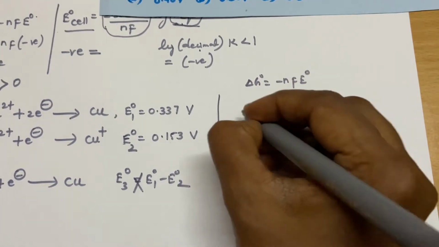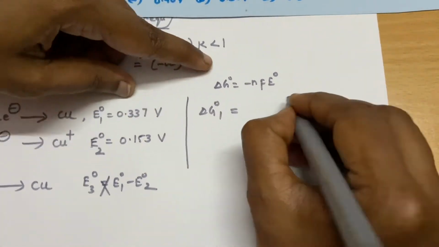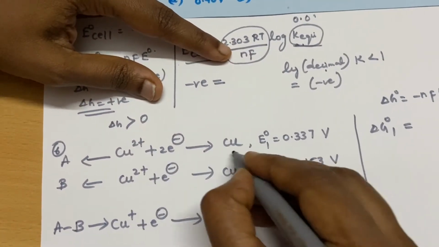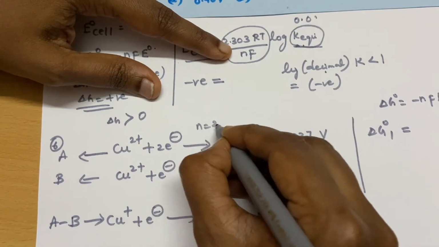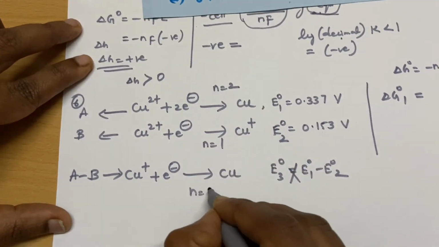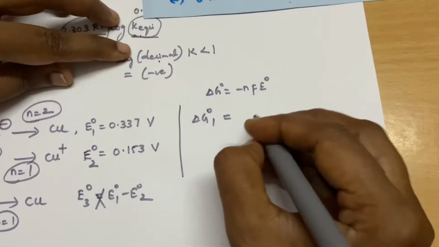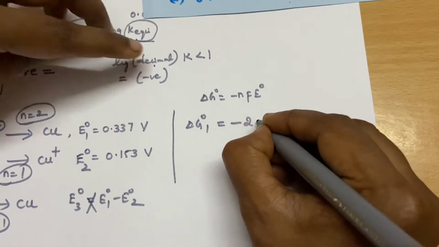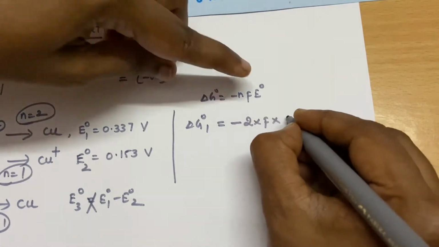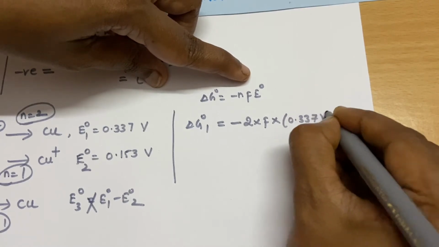So for this equation, del G naught 1 equals minus, how many electrons are involved in this reaction? N is equal to 2 here, 2 electrons are involved, and N is equal to 1 here, and N is equal to 1 here. These are the electrons involved in this equation. So minus 2 into, keep F as such. So E naught is equal to 0.337 volt.